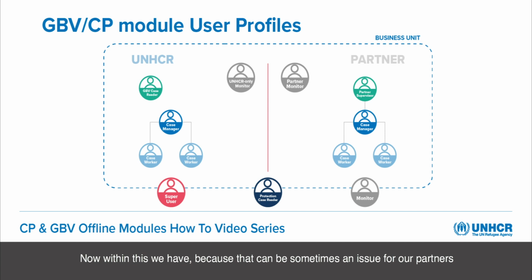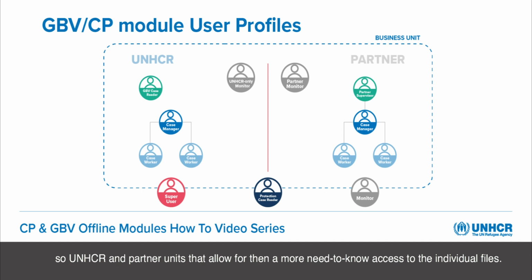Now, because that can sometimes be an issue for our partners, it should be implemented differently depending upon our specific role within the case management. We can also have roles that are specific to units within, so UNHCR and partner units, that allow for more need-to-know access to the individual files.